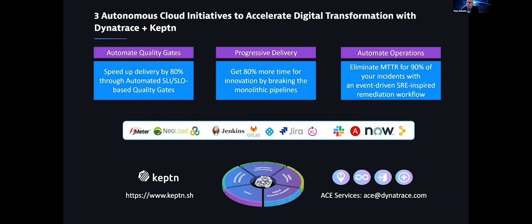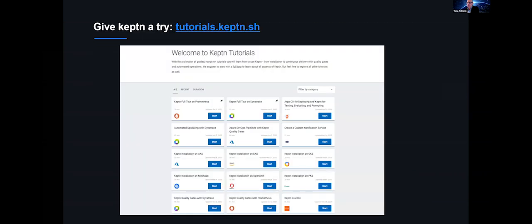If you want to know more about progressive delivery and automated operations, processes which are supported by Keptn, please go to our website and have a look at how we can deploy this Keptn layer.